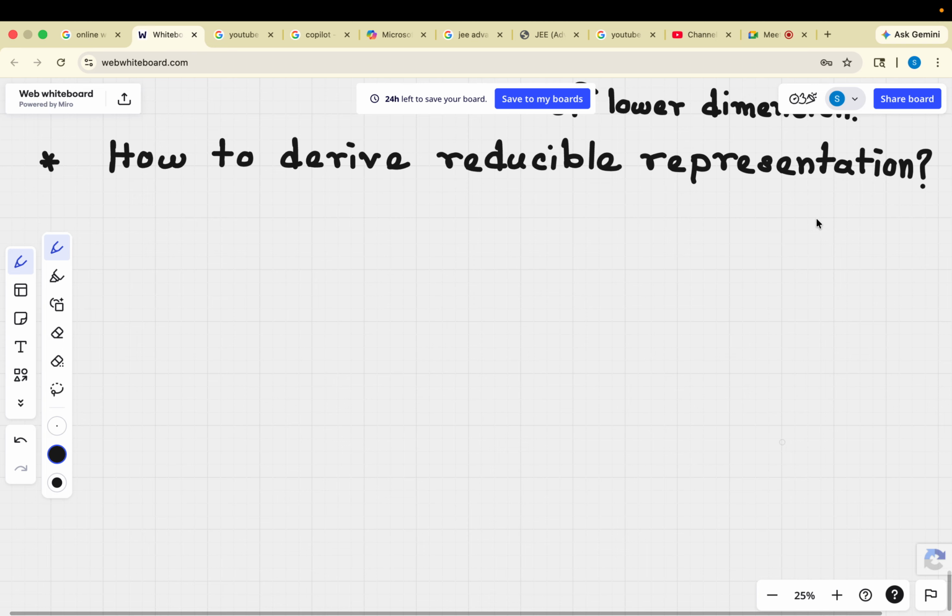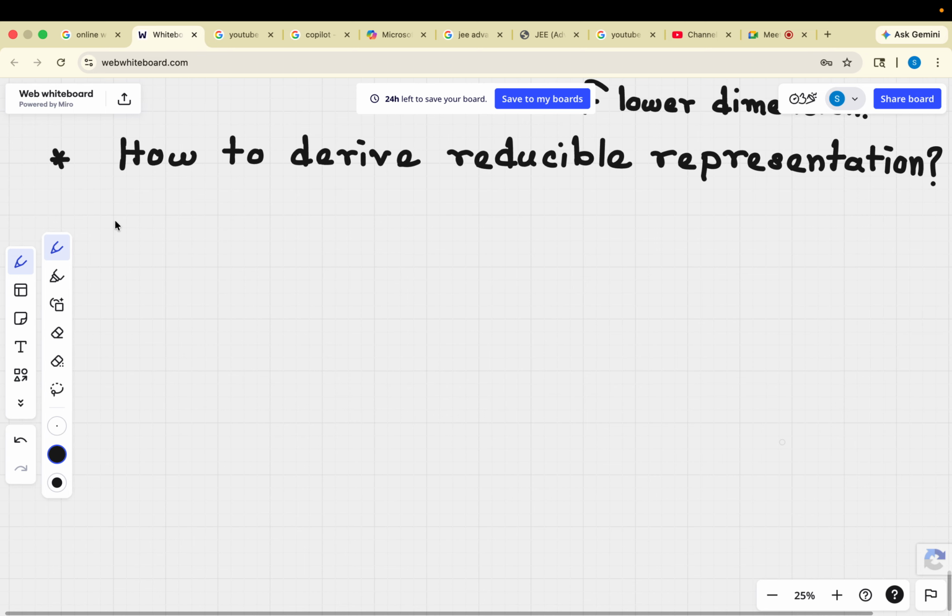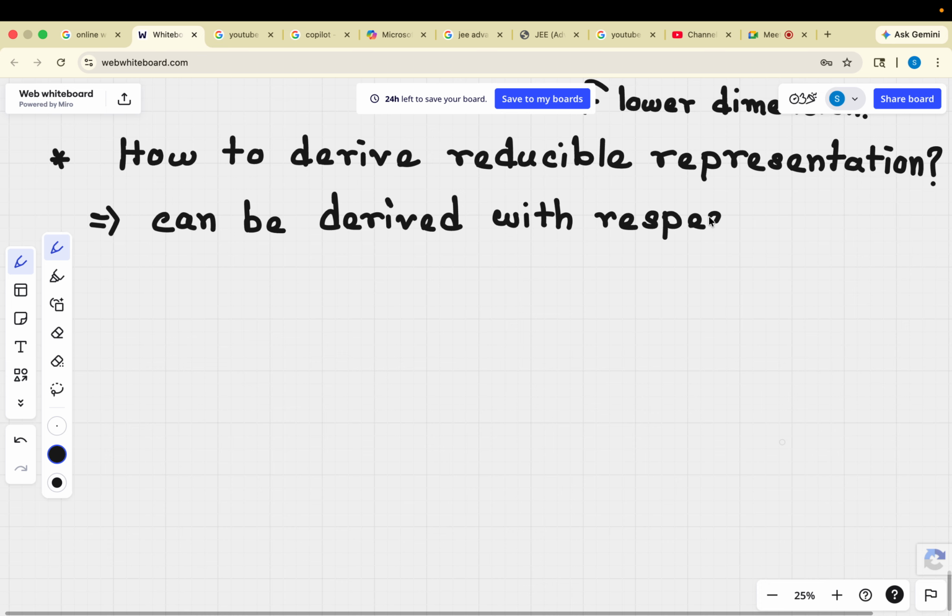First point, write down that it can be derived with respect to some basis.